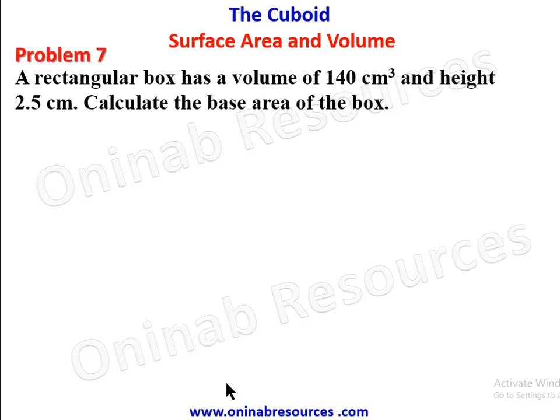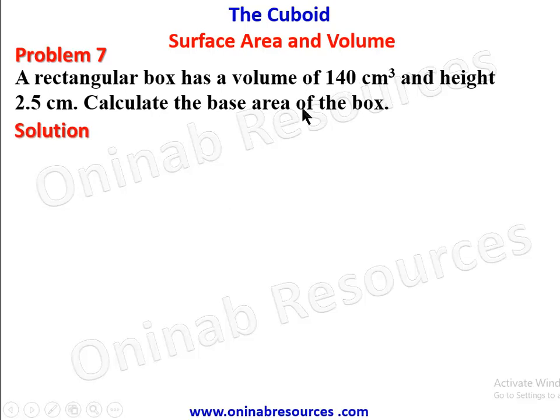We go to problem 7. A rectangular box has a volume of 140 cubic centimeters and height 2.5 centimeters. Calculate the base area of the box. Oh, that's very simple, so let's quickly find the solution.